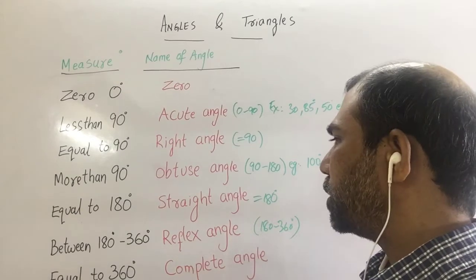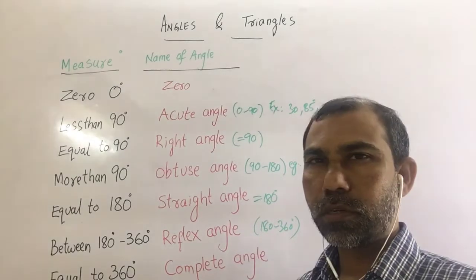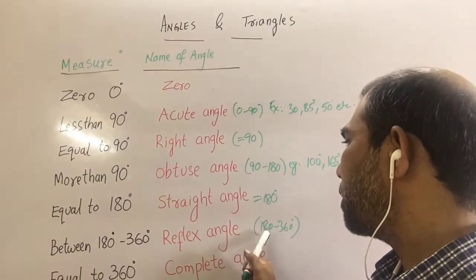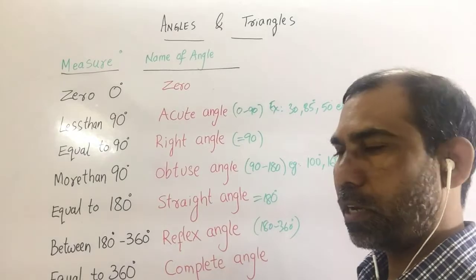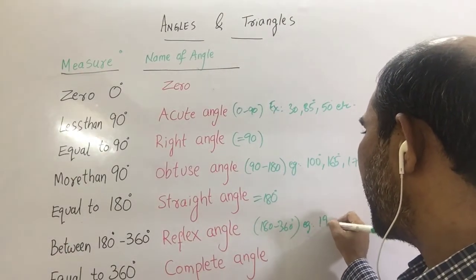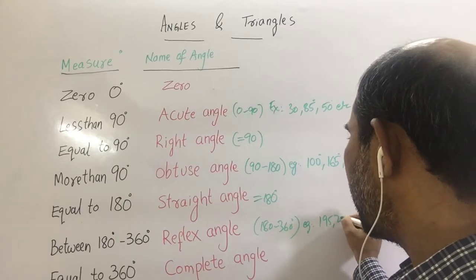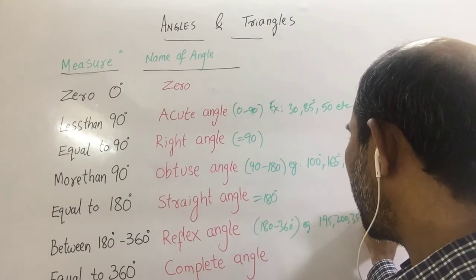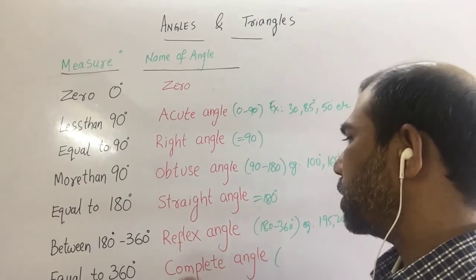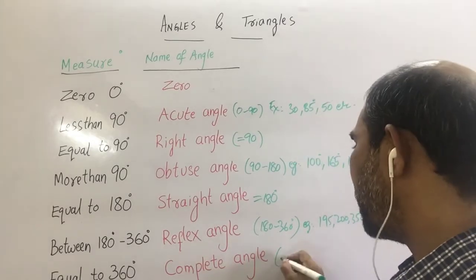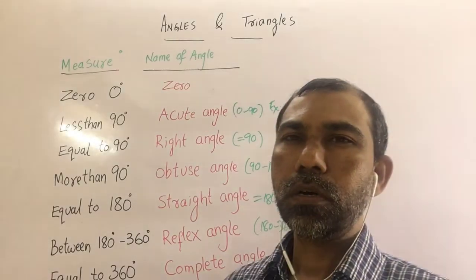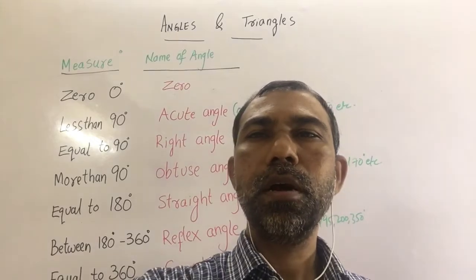It should not be 180 degrees and it should not be 360 degrees. More than 180, less than 360. You can take examples such as 195, 200, 350, etc. And a complete angle must be equal to 360 degrees. So here are the different types of angles.